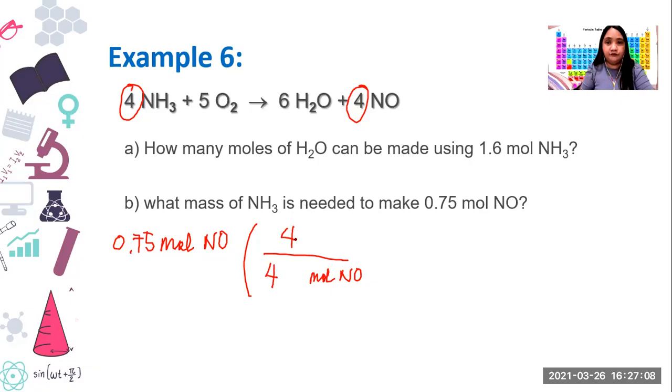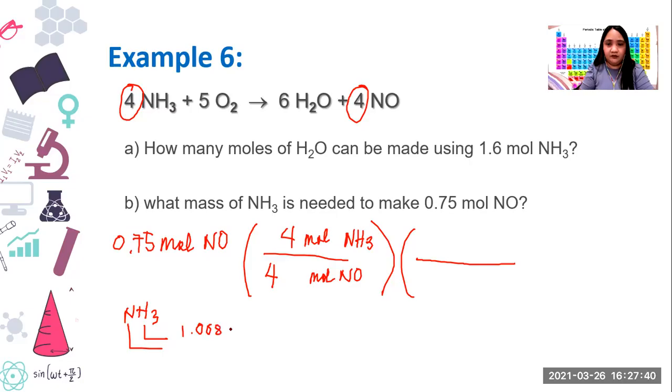And then for every 4 moles of NO, we have 4 moles of NH3. But that's just the moles of NH3. It's not the mass of NH3. So you have to get the molar mass of NH3. Oh yes, because we need the mass. So NH3, we know that hydrogen is 1.008 times 3. What about nitrogen? Let's see. I'll just Google it so that I don't have to switch windows.